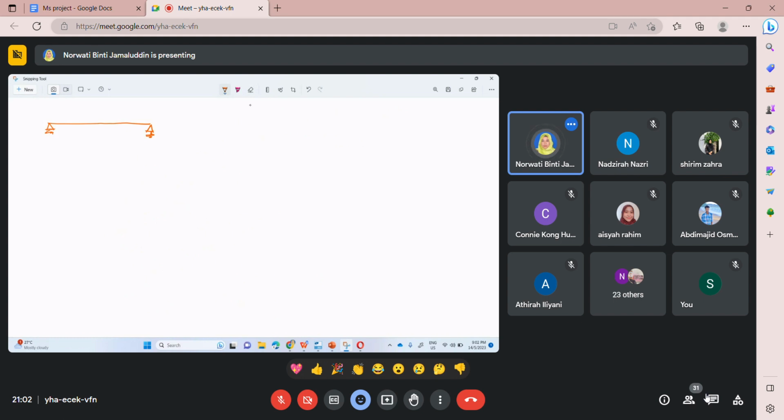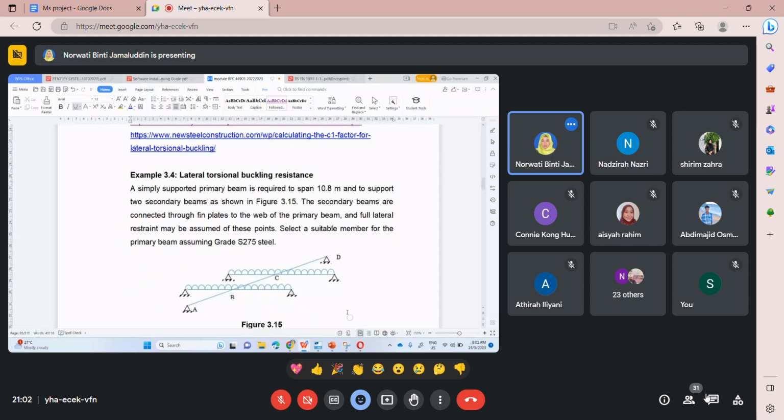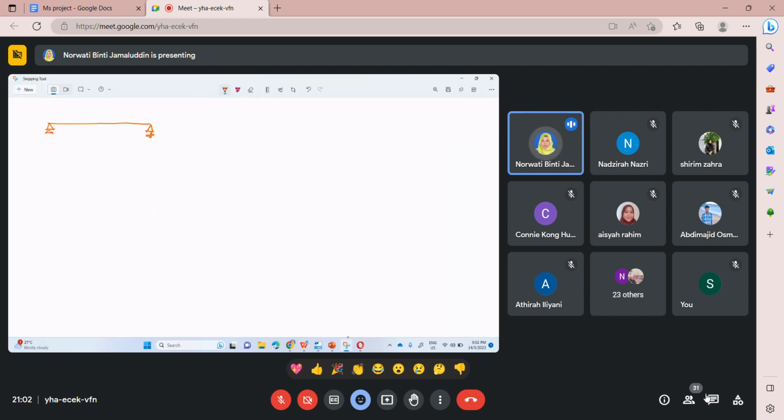It is 10.8 meter. Then we have two secondary beams, passing through B point and also C point. We have two secondary beams.